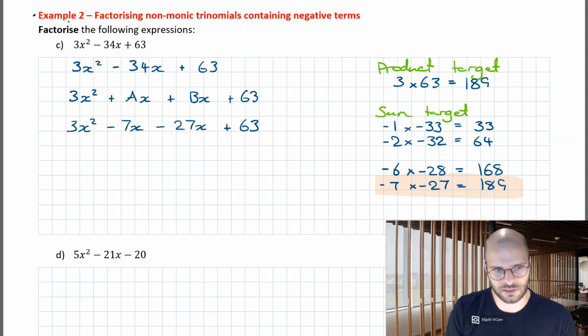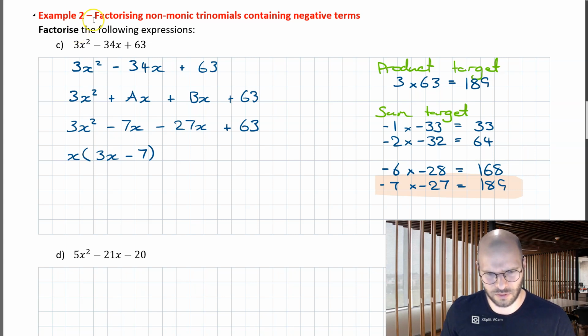Taking care of this, the common factor is x, therefore we get the bracket 3x minus 7. Next, we're going to take out a common factor of 3 from the 27. If we divide 27 by 3, we get 9 left over, so this will give us 9 over here.